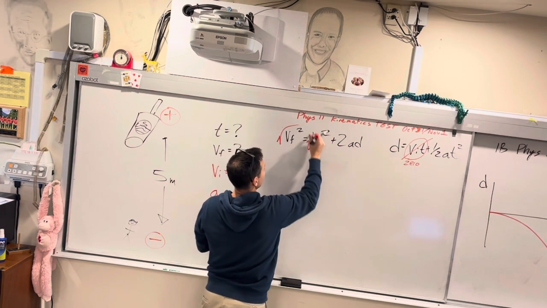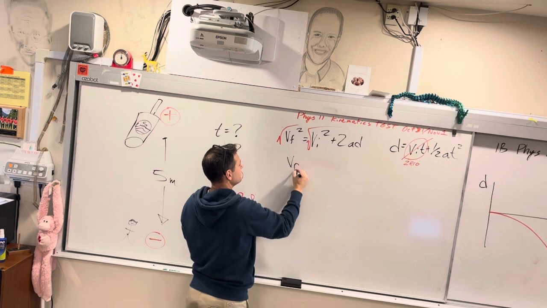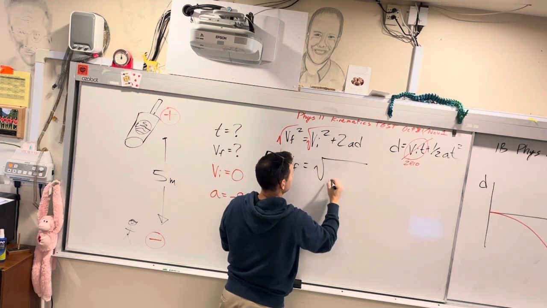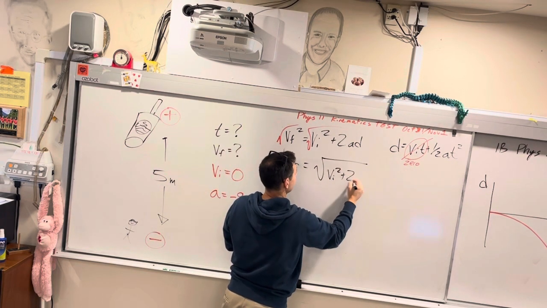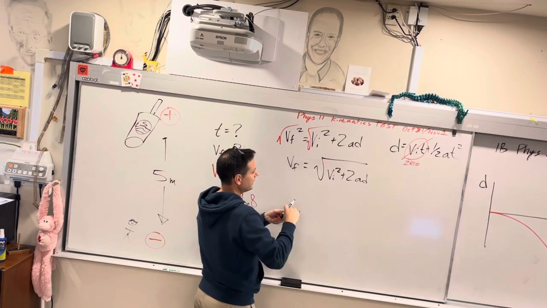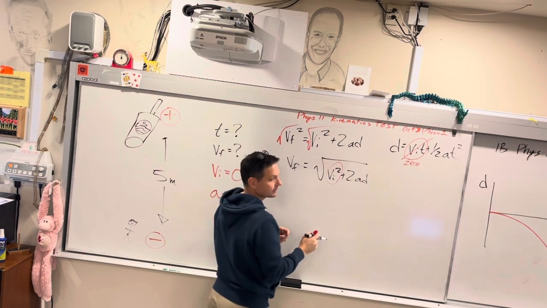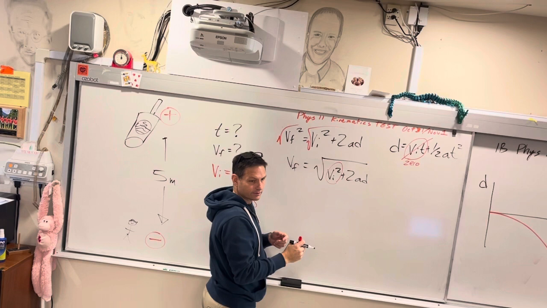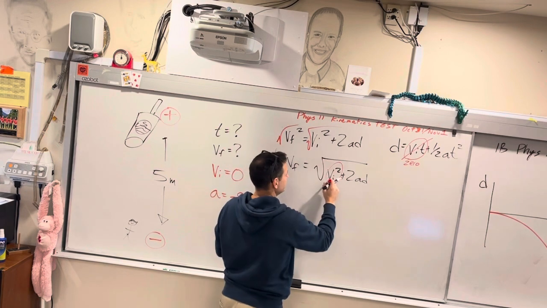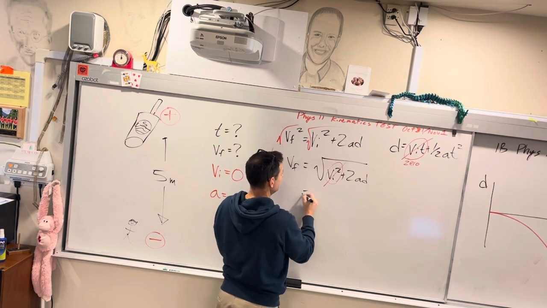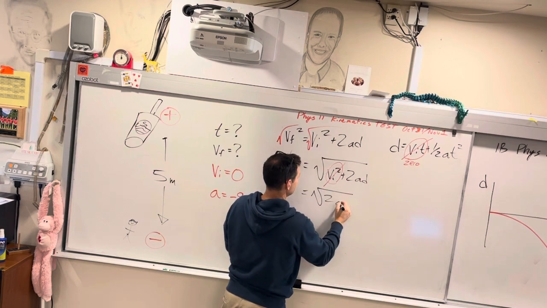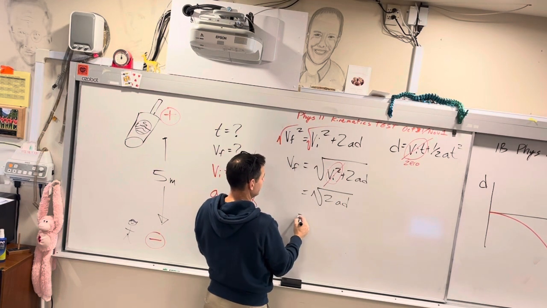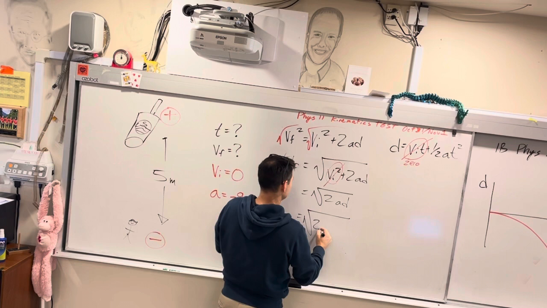I'm just going to square root both sides, and so VF equals the square root of VI squared plus 2AD. What happens to this VI squared? It's gone, right? We don't have to worry about that. So we could say square root of 2AD. So that makes things quite a bit nicer.